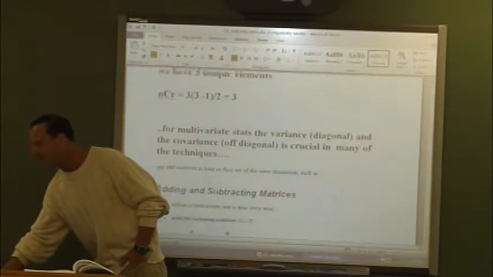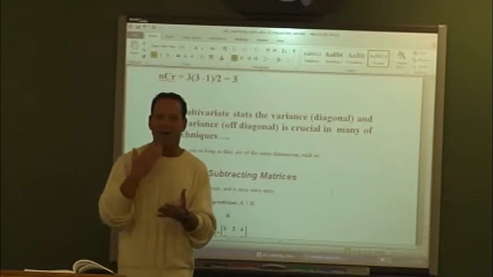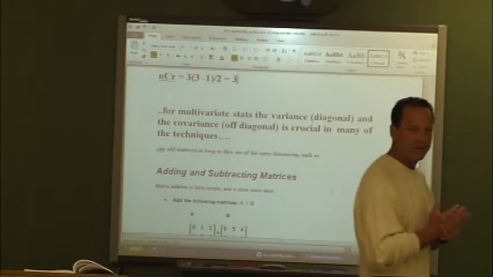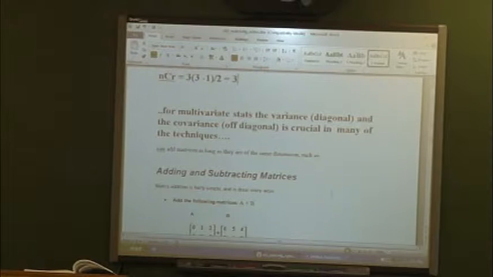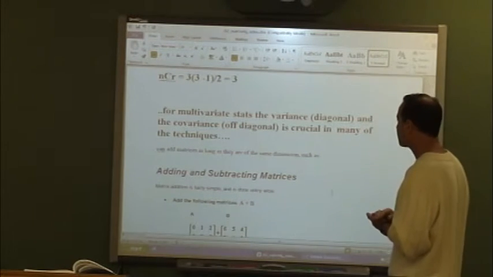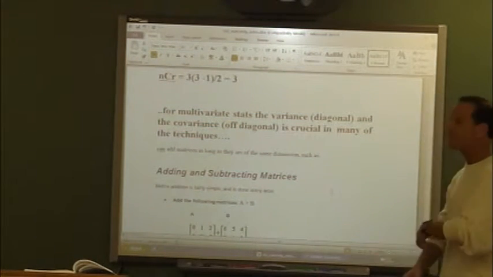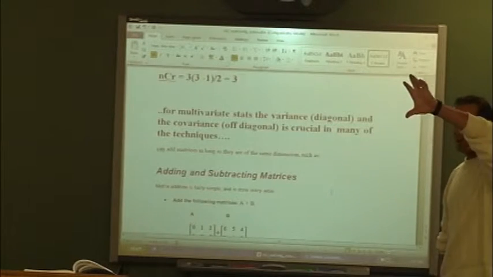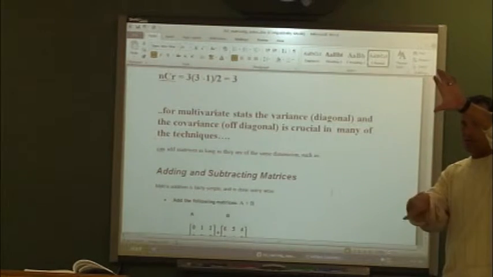For multivariate stats, this is going to be a very important matrix that we actually discussed in some detail in 6022. We discussed variance covariance matrices when we got into repeated measures and mixed ANOVA. For multivariate stats, the variance will be on the diagonal, and what do you remember is on the off diagonal? The covariance.